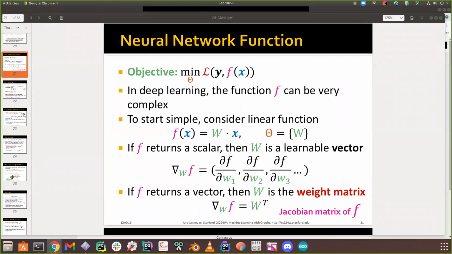Yeah, 3 blue, 1 brown. Yes, 1 brown. So he has got a playlist on matrices, and it's quite eye-opening because he explained it in terms of actual geometric understanding.